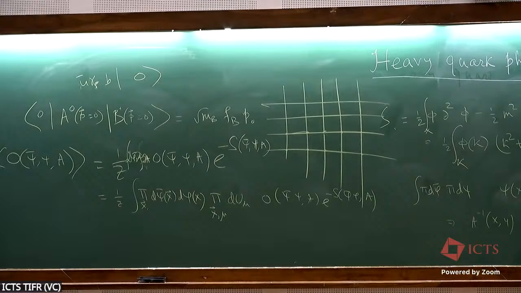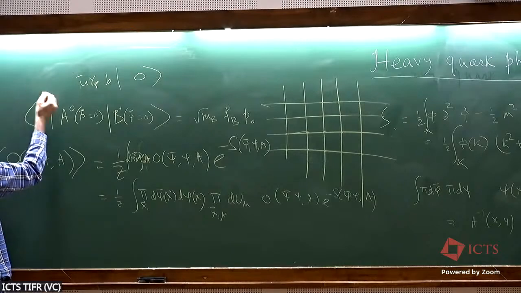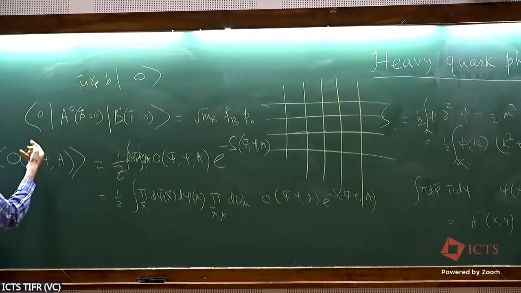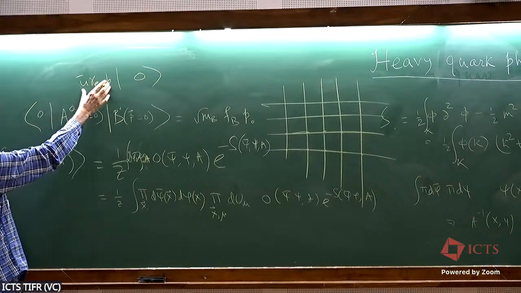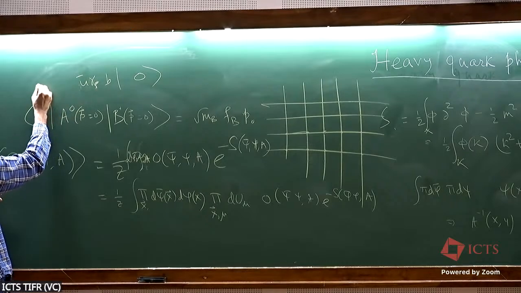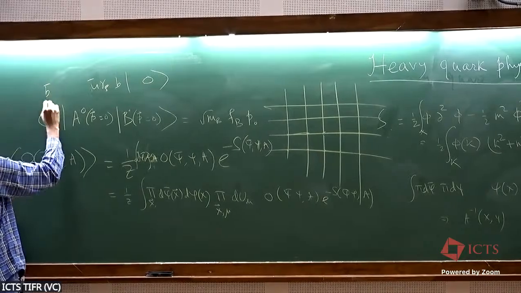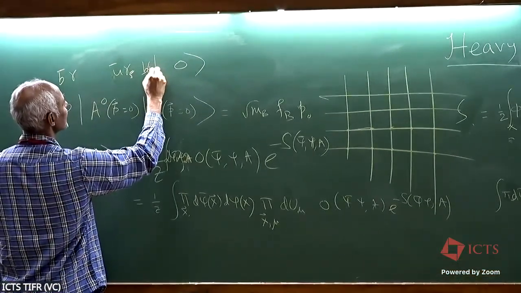Yeah, U bar gamma 5 B. And then there will be the A0 field, which destroys that. This creates a U B bar from the vacuum, and I want to destroy that, then I will put in a B bar. So I create this at some time, let's say t equal to 0.